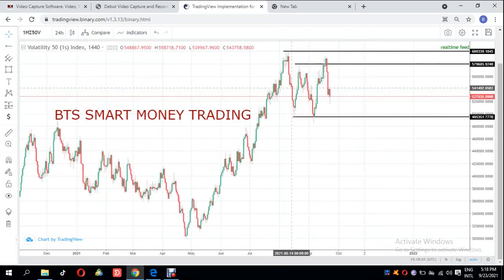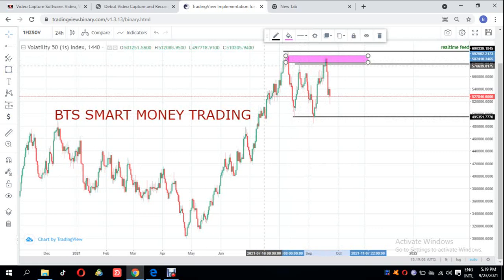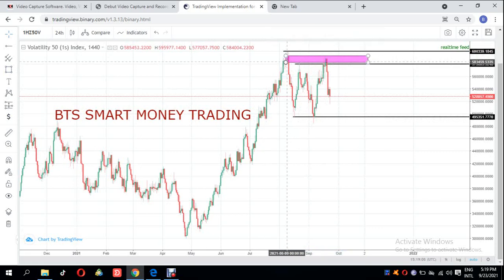So let's identify our supply and demand. According to me, where the market makes a very rapid sell movement, it's our supply. Like here we have the last candlestick of buy before sell, and this sell was very strong, and this is our demand.